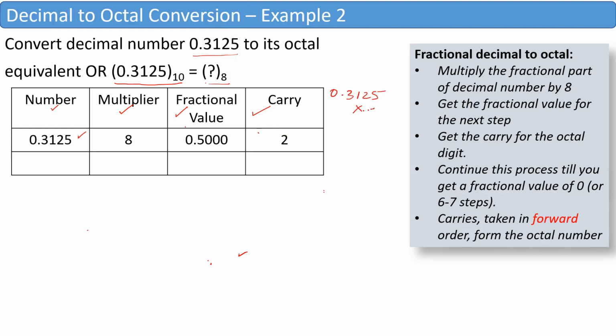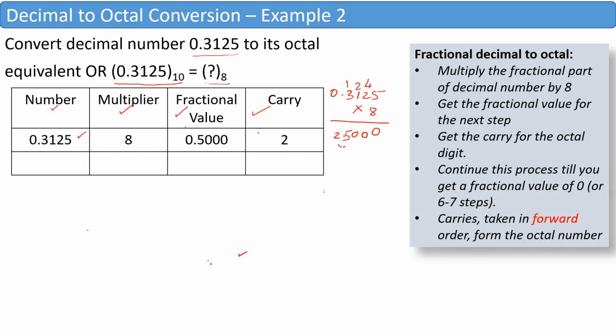This is 0.3125 times 8. 8 5 times is 40, 0 with a carry of 4. 8 2 times is 16, and 4 is 20, 0 with a carry of 2. 8 1 times is 8, and 2 is 10, 0 with a carry of 1. 8 3 times is 24, plus 1 is 25, so 5, with a carry of 2.